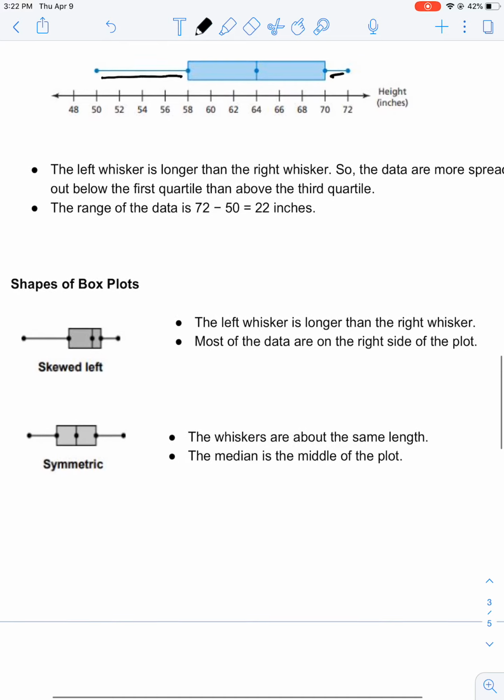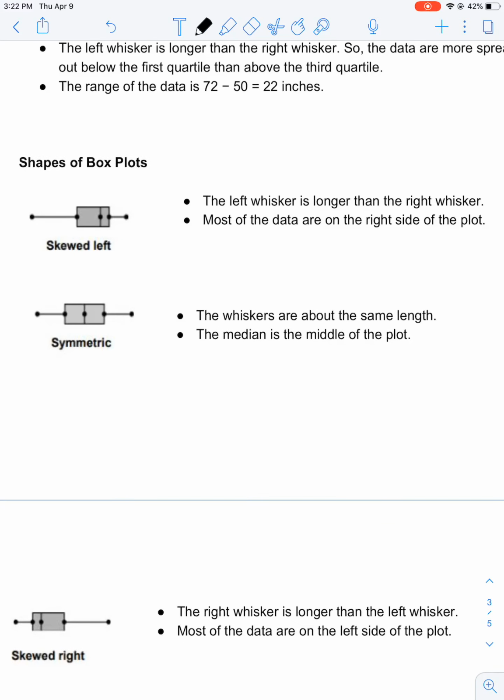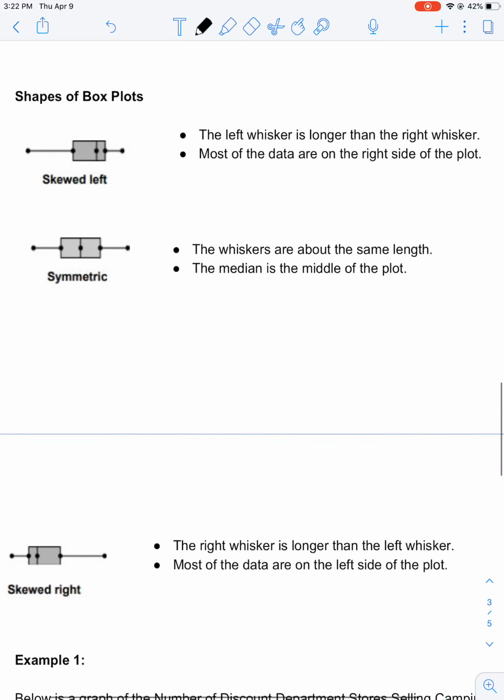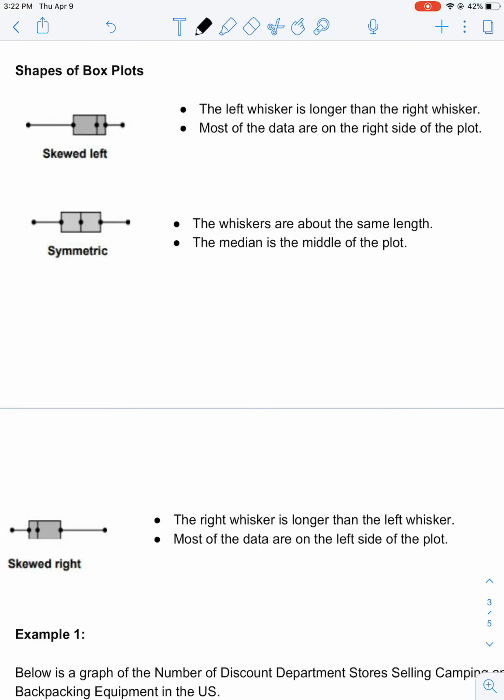So here we can see different shapes of the box plots and what they mean. So for example, if it's skewed left, in other words, the left whisker is longer than the right whisker. That means most of the data are on the right side of the plot, okay? Next, we have symmetric, okay? The whiskers are about the same length, and the median is in the middle of the plot.